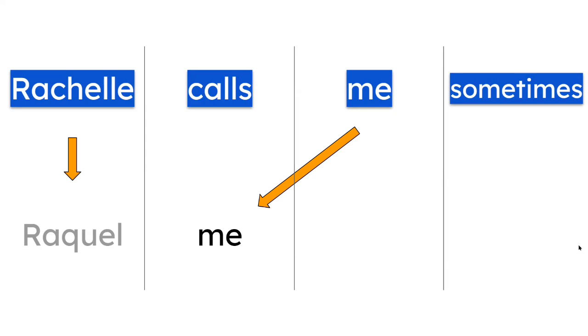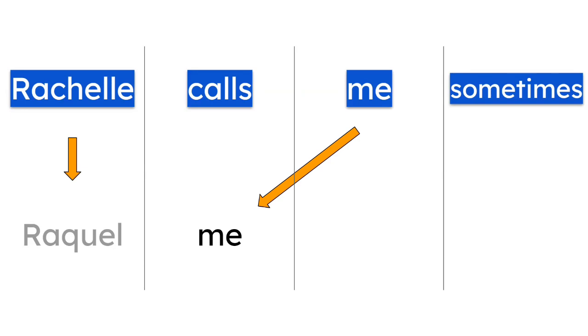When we have a person receiving the action and this person is being replaced by a pronoun like me, you, her, him, etc., then what happens is that this is placed immediately after the subject, in this case Rachel or Raquel.